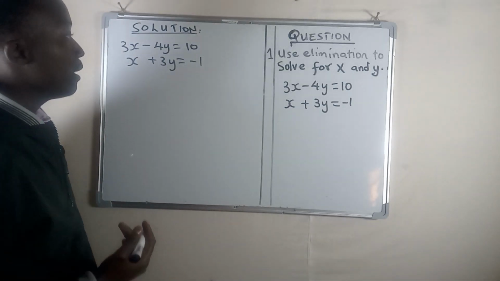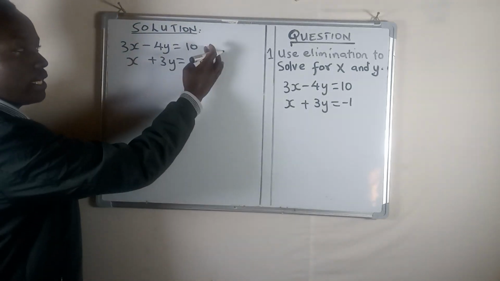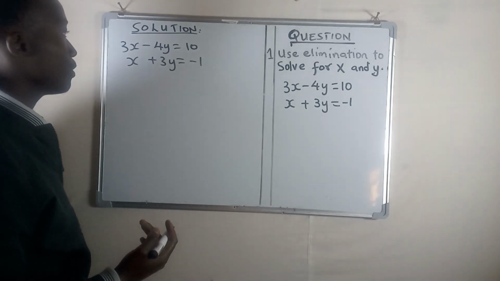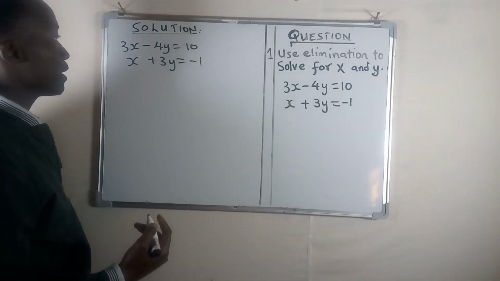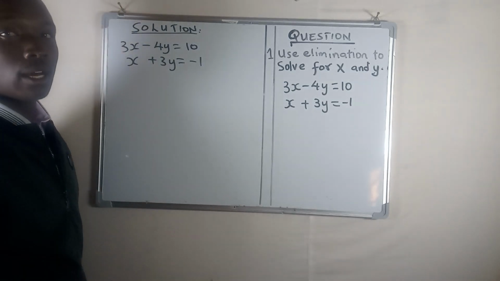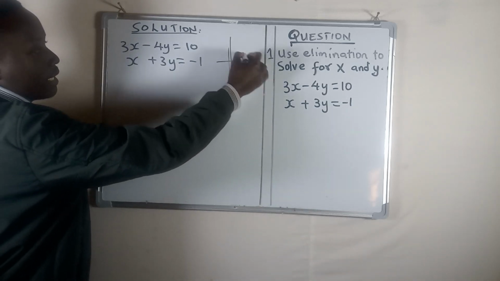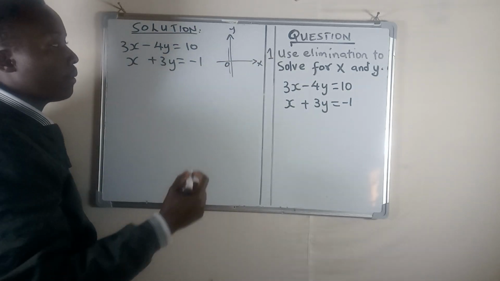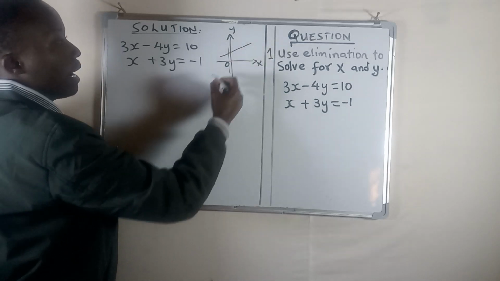So given such kind of a question, these are two linear equations, and the reason why we call them linear equations is because they are written in form of ax plus by is equal to a constant, and if plotted on a Cartesian plane, they form what we call a straight line. So if we have a sample of a Cartesian plane here, and we plot these two equations, they are going to form a straight line.